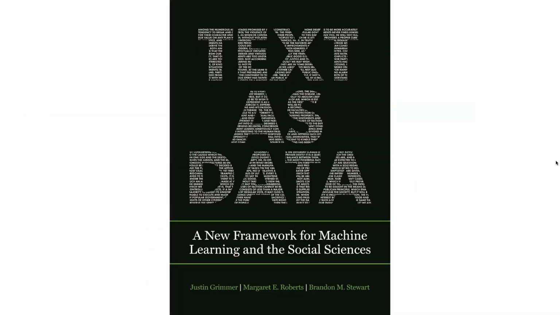The best book, I would say, on this, which exists today, is a new incredible book called Text as Data, a new framework for machine learning and the social sciences. It's written by Justin Grimmer, Margaret Roberts, and Brandon Stewart, 3 of the top scholars in this field.